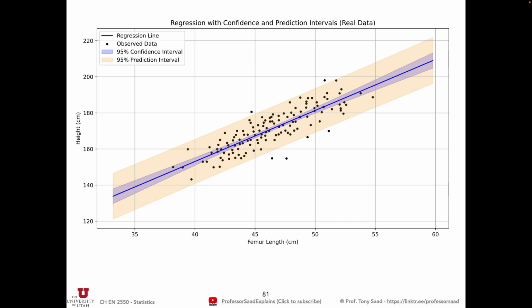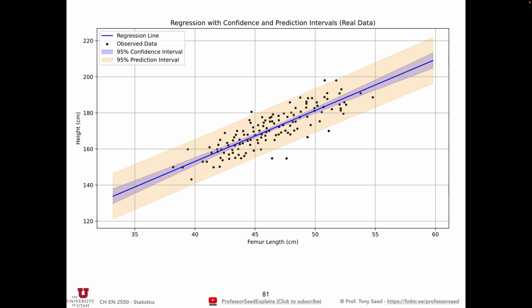There are exceptions, because for a femur length of 45, you had like 7 different heights. But there's a trend in general. The data is increasing as femur length increases. Now, the least squares regression line is the straight line in blue.